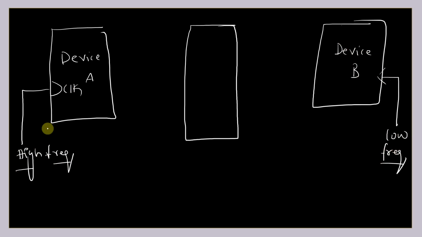That means device A is having a separate clock and device B is having a separate clock. In this particular case, I am not supposed to use a synchronous FIFO. Here, I am going to use something known as asynchronous FIFO.